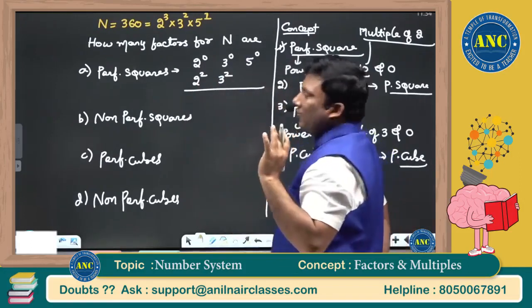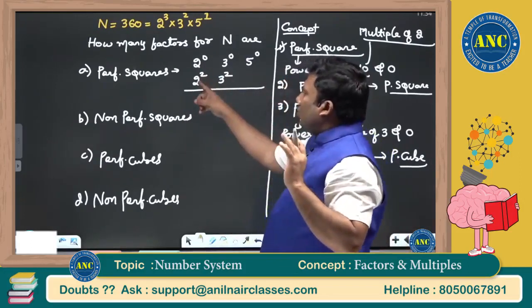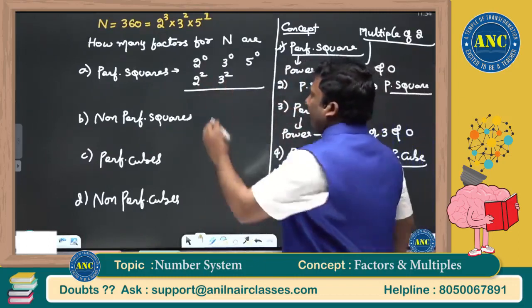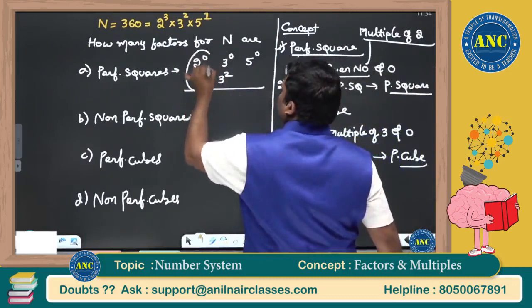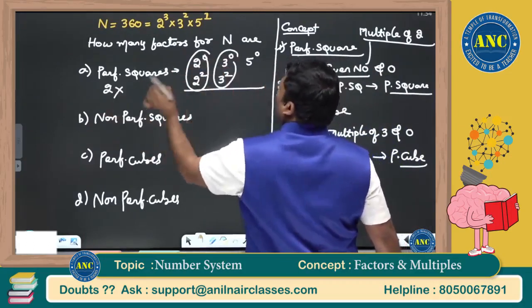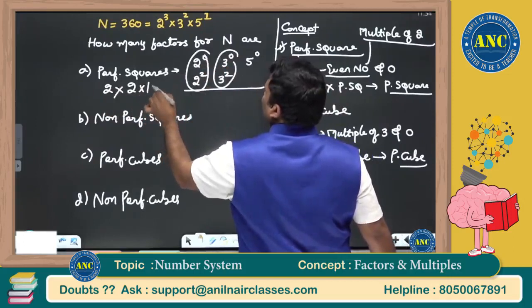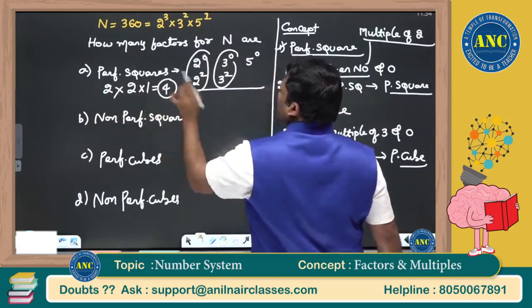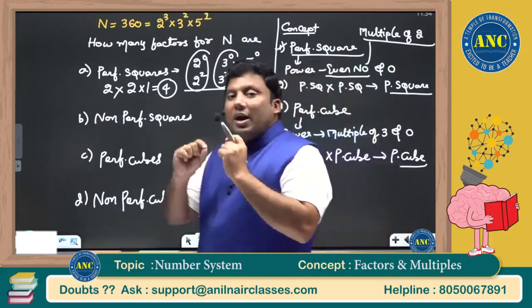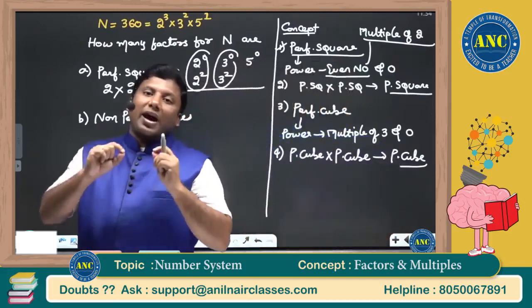There is no 5 power 2 here. Two perfect squares' product is also a perfect square. How many combinations here? 2 for the power of 2, 2 for the power of 3, and for 5 power 0, there is 1. 2 into 2 into 1. Total, what will be the answer? 4.